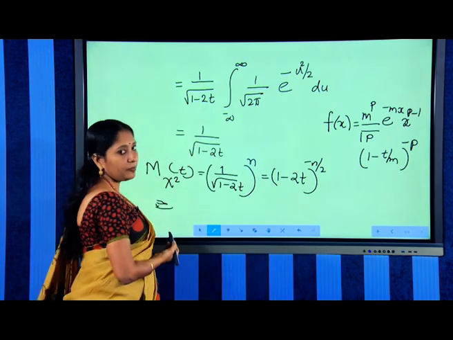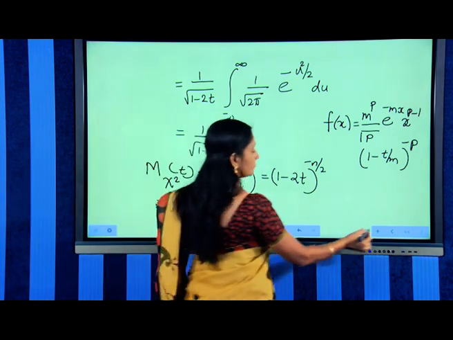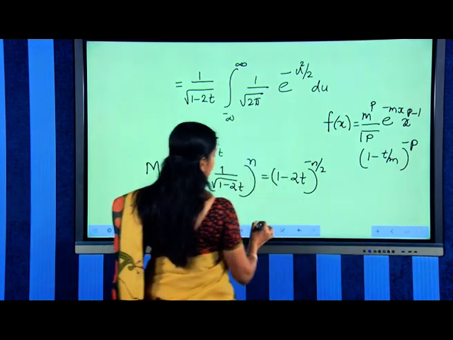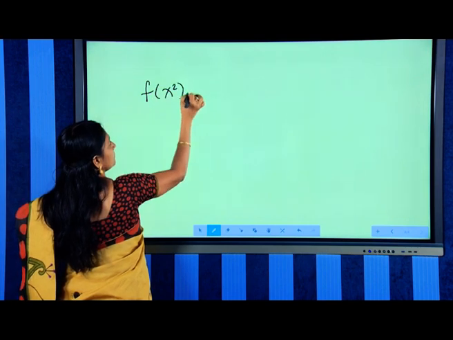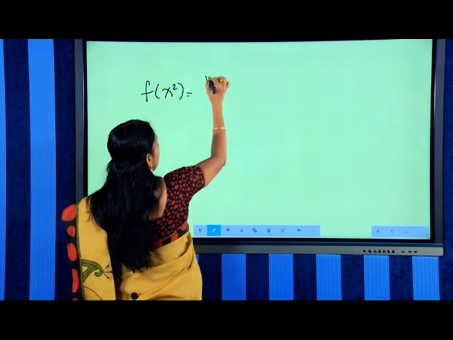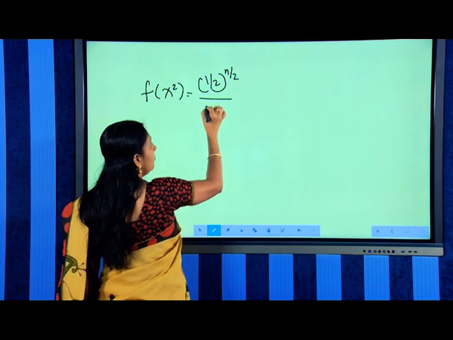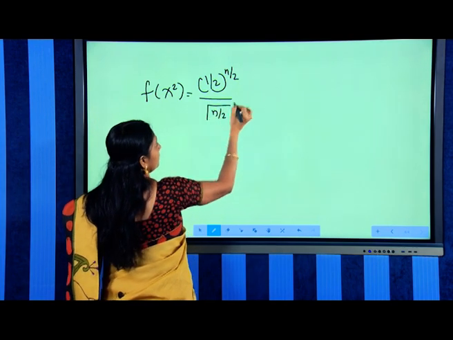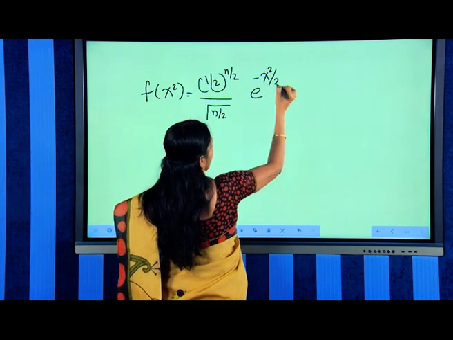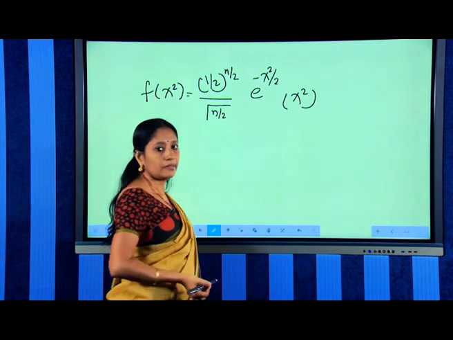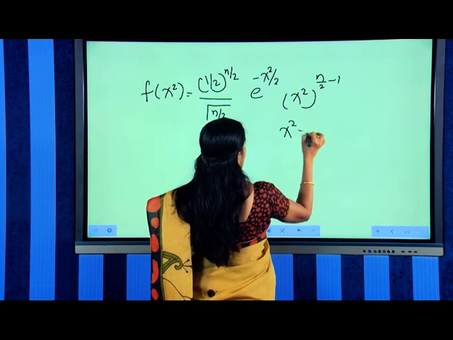Hence, the probability density function of the chi-square distribution can be written as f of chi-square is equal to 1 by 2 to the power n by 2 divided by gamma n by 2 e raised to minus chi square by 2 chi square raised to n by 2 minus 1, where chi square is greater than 0.